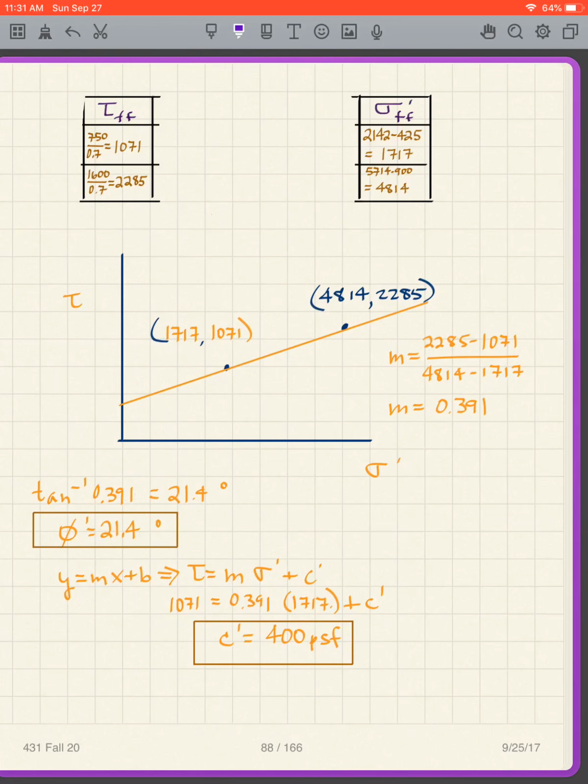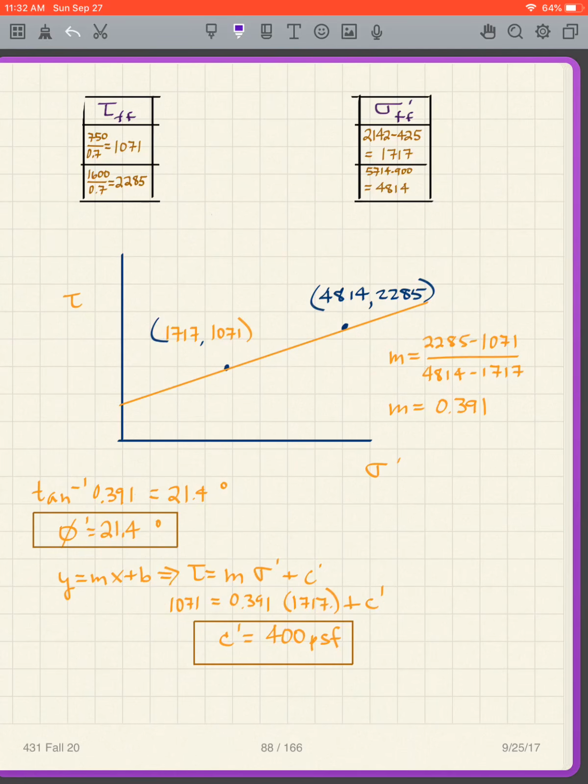So we can then plot those. We have our sigma prime FF, we have our tau FF. We plot them, x, y right there, and x, y right there. Our m you can figure out, delta y over delta x. The arctangent of m is my phi prime, and then I create my expression, y equals mx plus b.